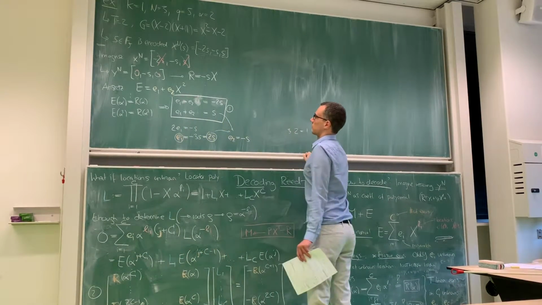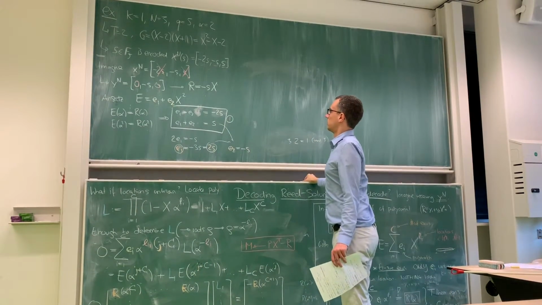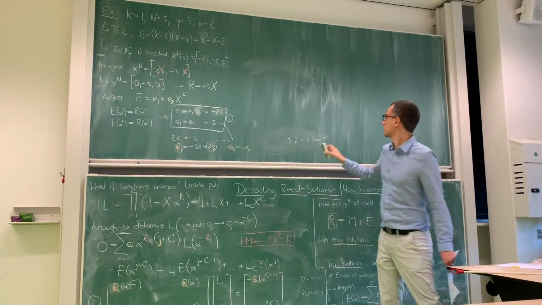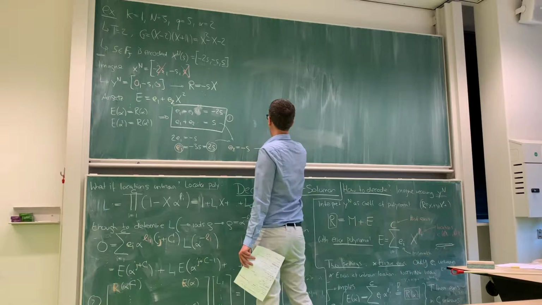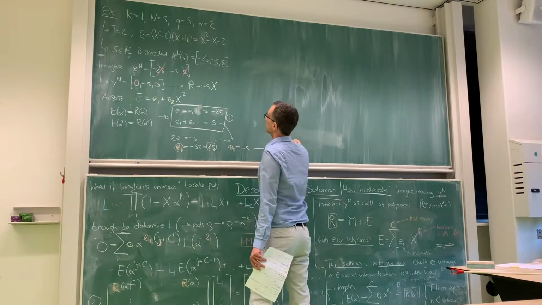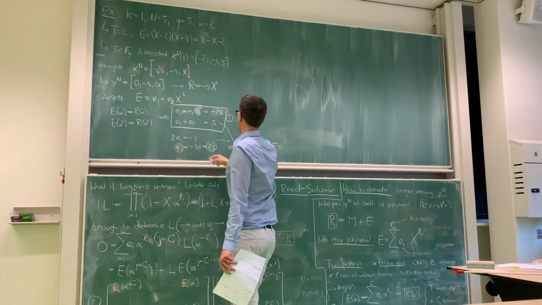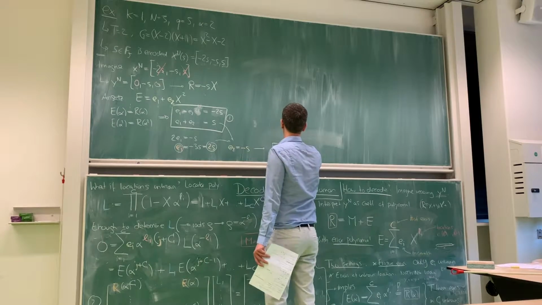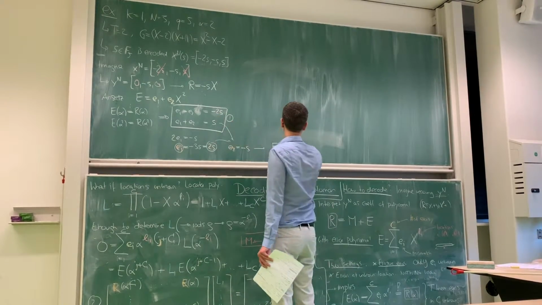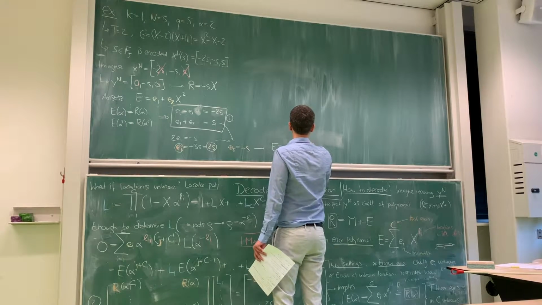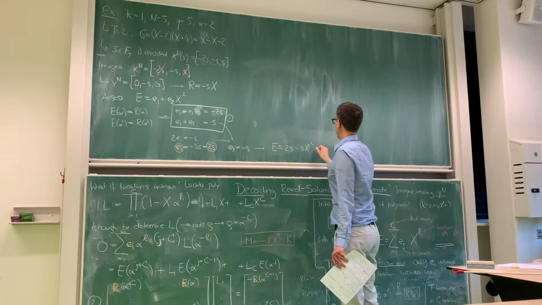Let's see if this makes sense. What is now the error polynomial? I just plug it in. So now we learned, right? E is E1 plus E2 times x squared. E1 is 2S. Plus, well, minus S times x squared. Okay.